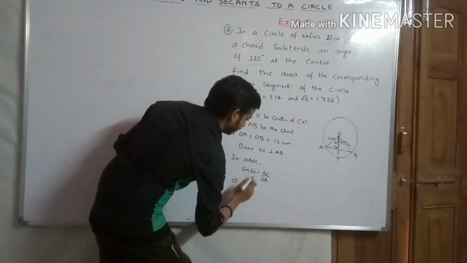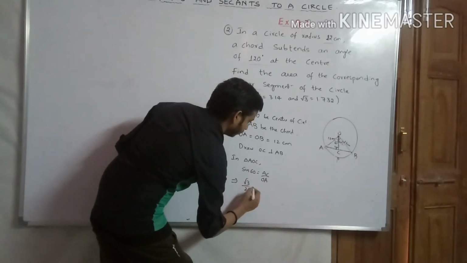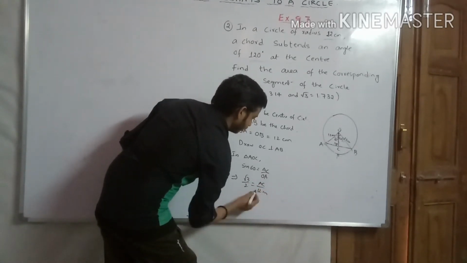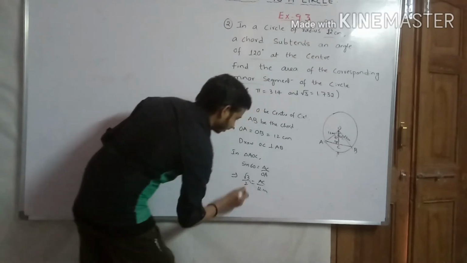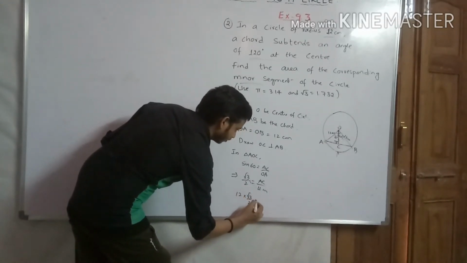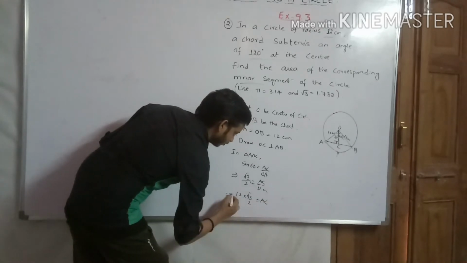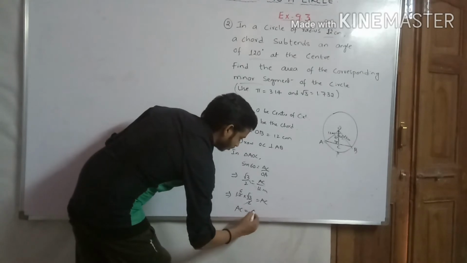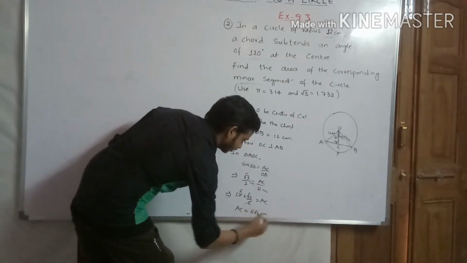So sin 60 degrees, whose value is root 3 by 2, equals AC by OA, which is 12 centimeters. So 12 centimeters gets multiplied with root 3 by 2. 12 into root 3 by 2 equals AC. Two sixes are twelve. So AC equals 6 root 3 centimeters.